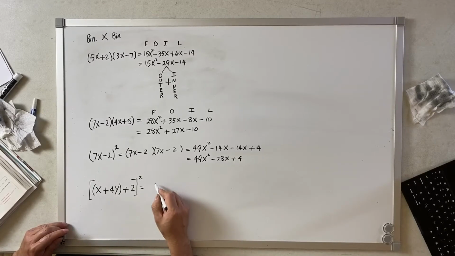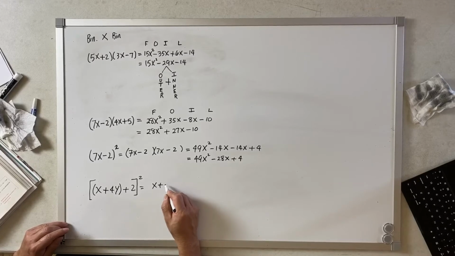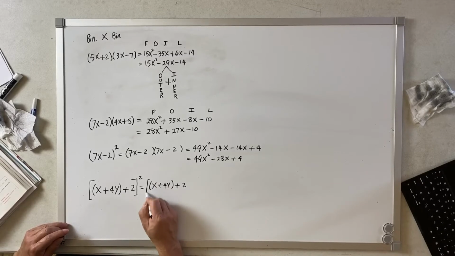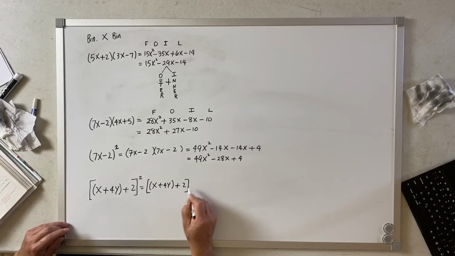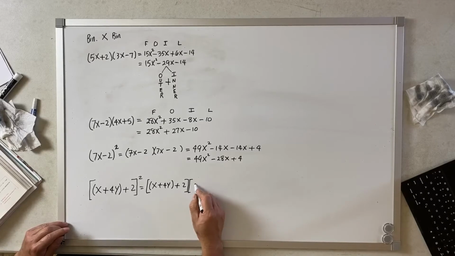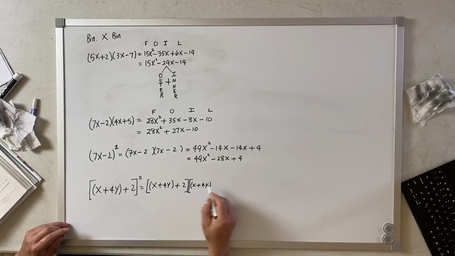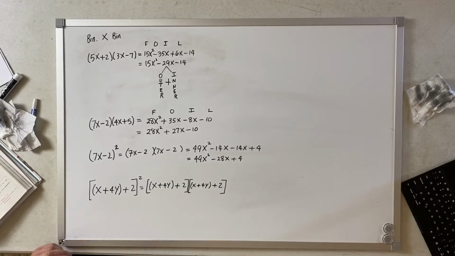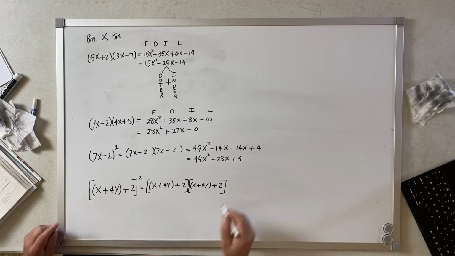This equals x plus 4y plus 2 once, x plus 4y plus 2 twice. Okay. Now I'm going to FOIL. Watch this. I'm going to FOIL.